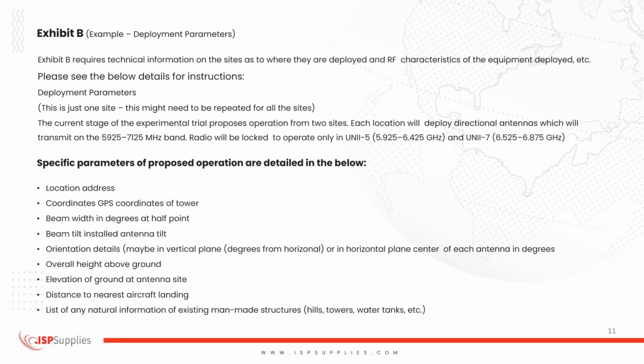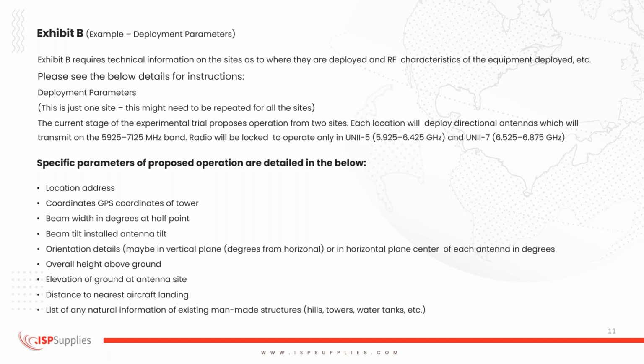So Exhibit B, of course, is the deployment parameters. That's the radio equipment. Of course, like anything that you're filing with the FCC, you have to have your location, GPS coordinates, the beam width of the antenna, any tilt of the antenna, the azimuth of the antenna, including horizontal plane, the height above ground, elevation of the ground at the antenna site, that's the AMSL, distance to the nearest aircraft landing.